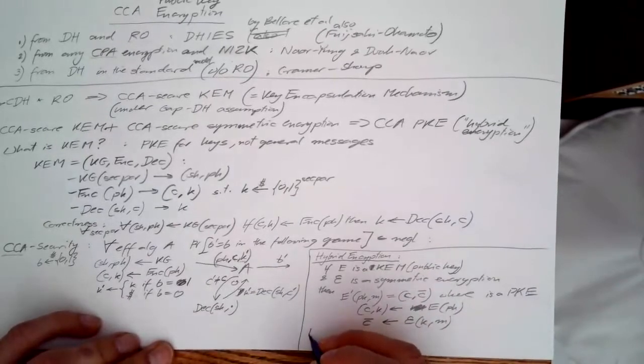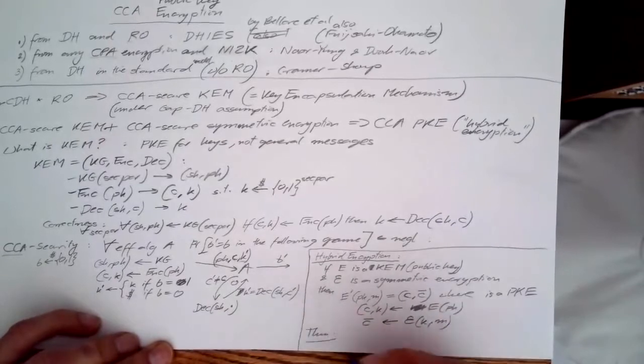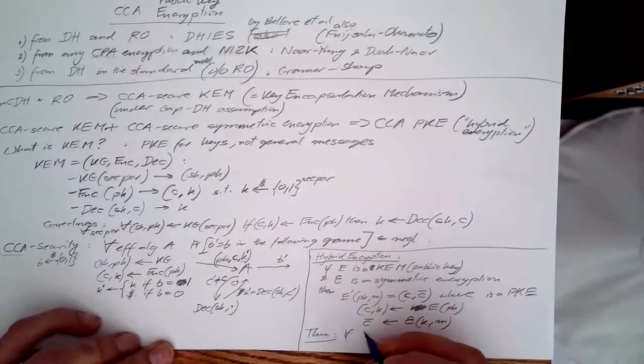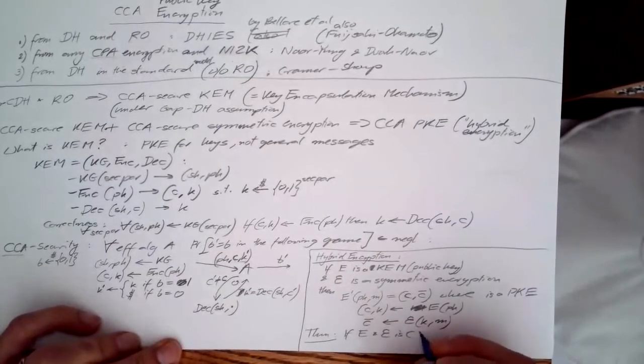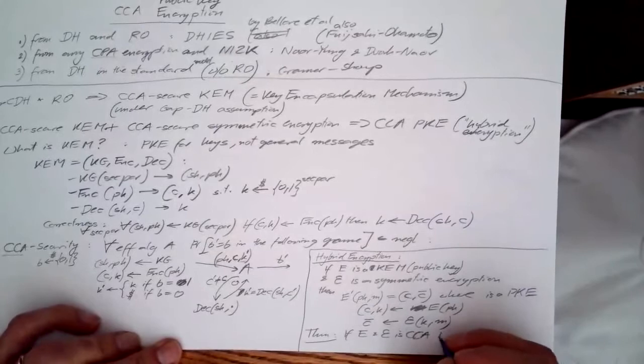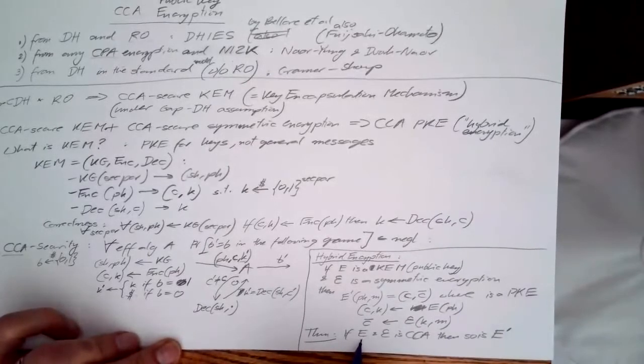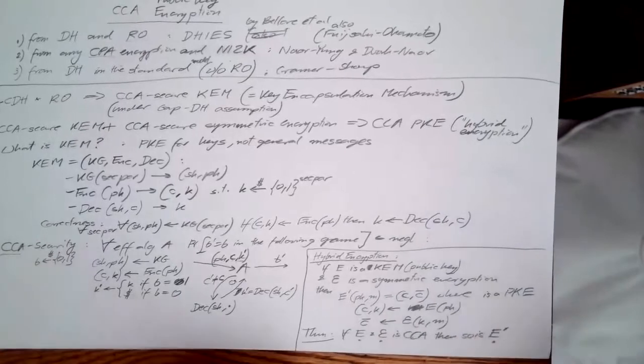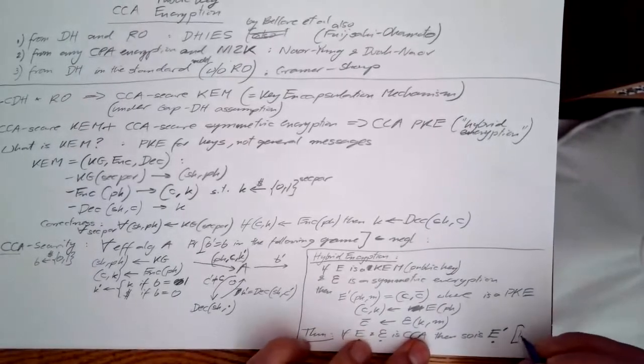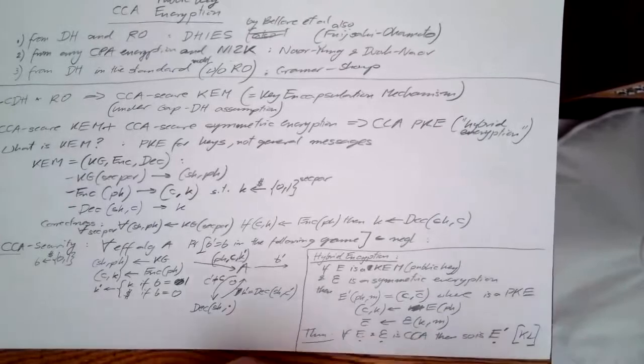And a theorem is that if both E and epsilon hat are CCA secure, then so is E prime. So this is a CCA secure KEM, this is a CCA secure symmetric encryption, and this is a CCA secure public key encryption. And the proof is not hard, it's in Katz-Lindell.